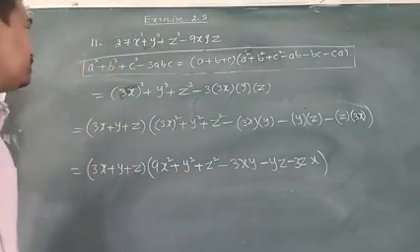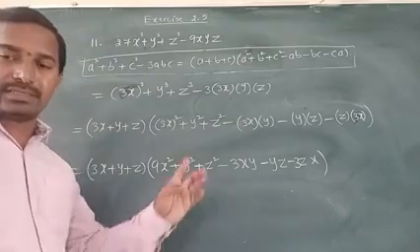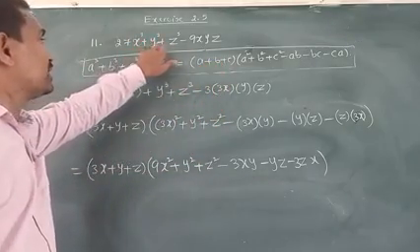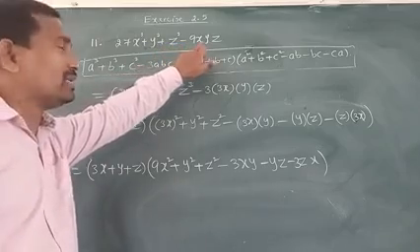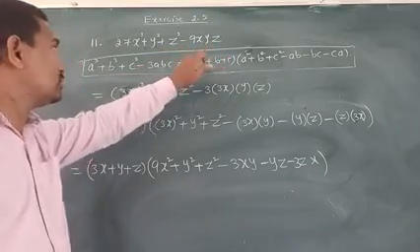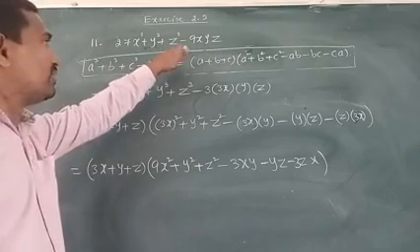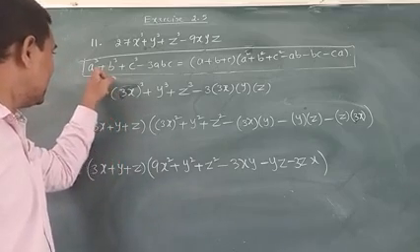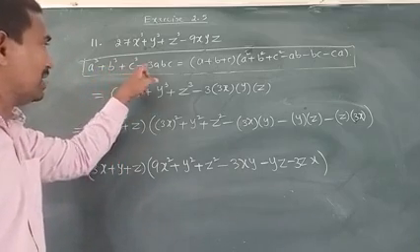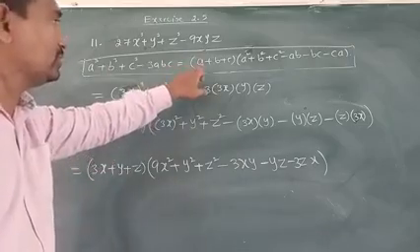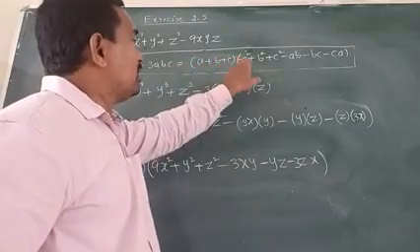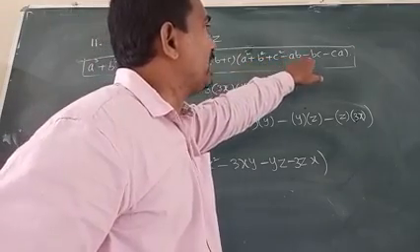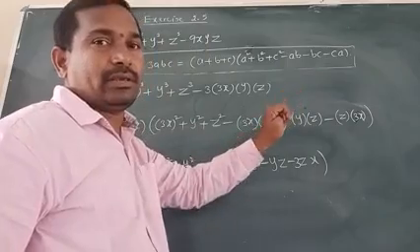See the next problem. Factorize using the identity: 27x cube plus y cube plus z cube minus 9xyz. So this we can factorize using this identity. Remember this identity: a cube plus b cube plus c cube minus 3abc equals a plus b plus c into a square plus b square plus c square minus ab minus bc minus ca.